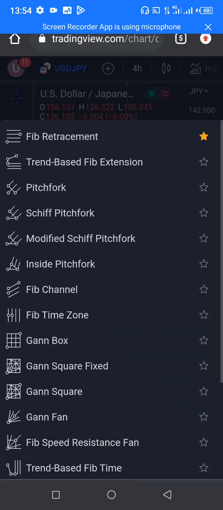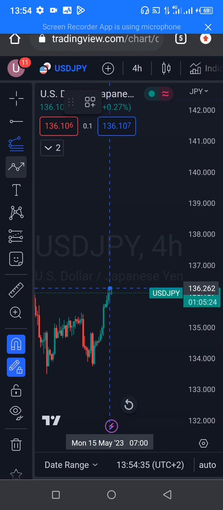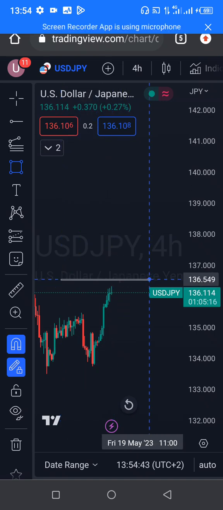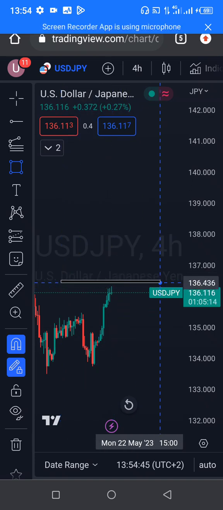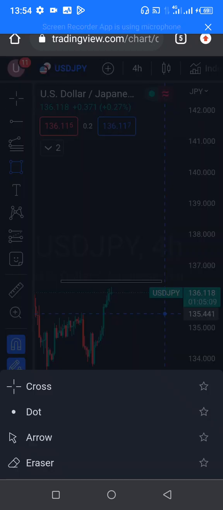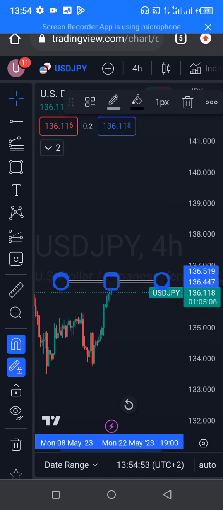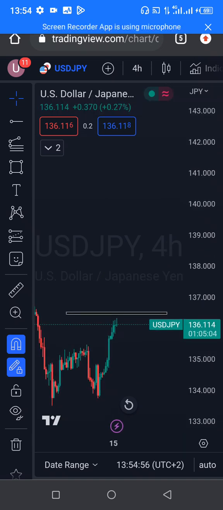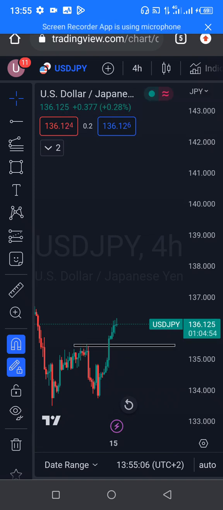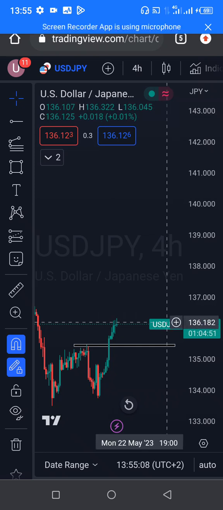So what I'm going to do is draw my support. I want to drag my support to this level here. Okay, so this is where I'm going to look for buy entries.